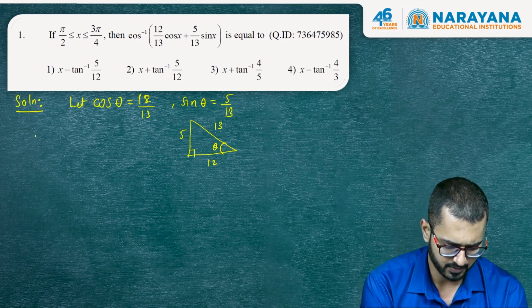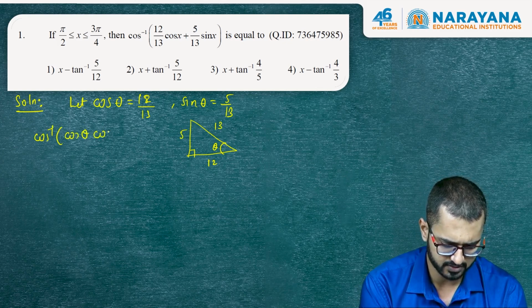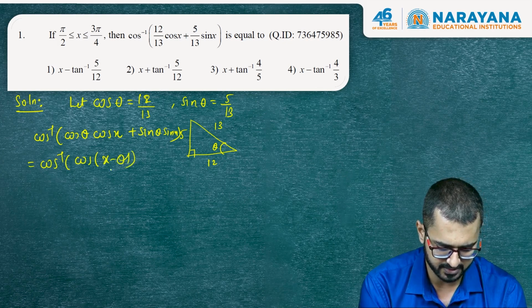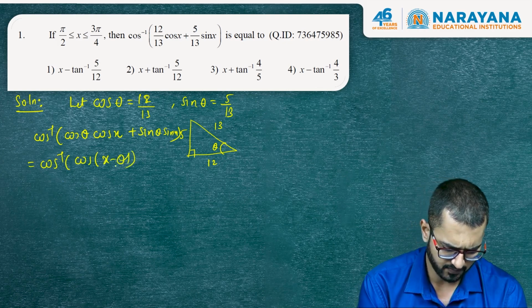And now this turns out to be cos inverse of the given quantity. So 12 by 13 is cos theta, so this will be cos theta cos x plus sin theta sin x. This thing I can write down as cos inverse of cos of x minus theta.